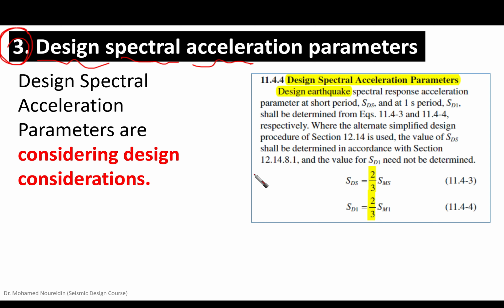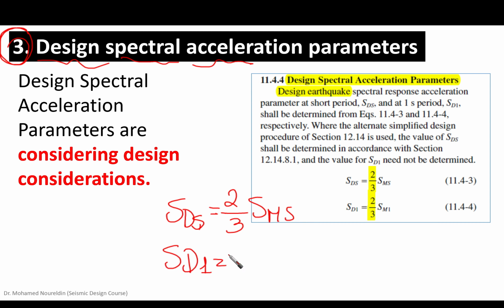In this case, SDS, which is the design spectral acceleration at short period, equals 2/3 times the previous SMS that we have obtained. And similarly, SD1 equals 2/3 times SM1, as you can see here. This is SM1, this is SD1.